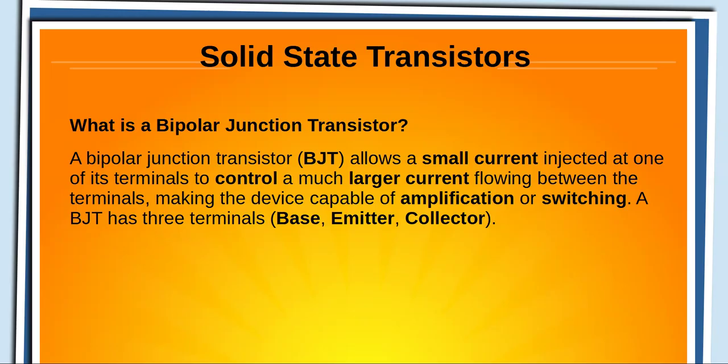We can have it biased such that it's off and we turn it completely on into saturation. Or we can bias it in the middle where it's on all the time and we vary the amount of current that flows. It would be like a class A amplifier. You've got to remember the three terminals: base, emitter, collector.